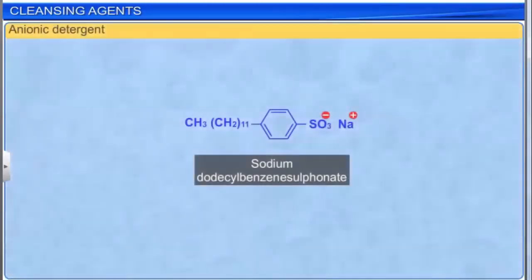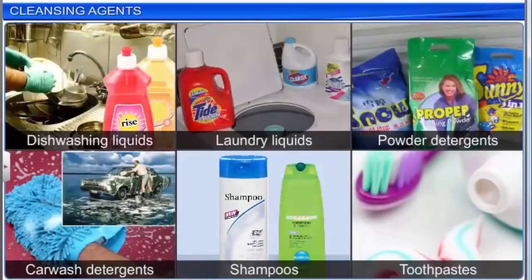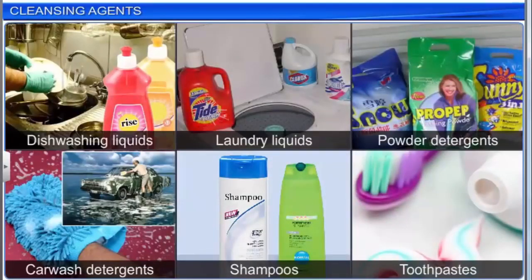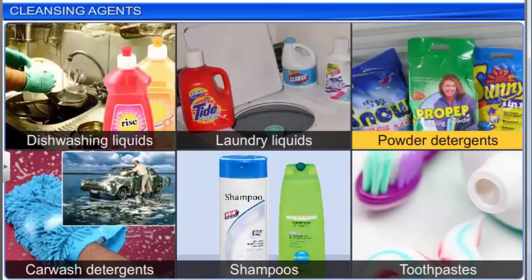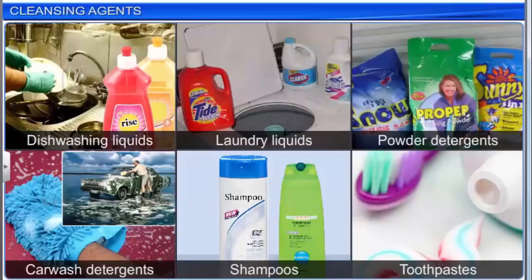In an anionic synthetic detergent, the anionic part of the molecule does the cleansing action. Anionic detergents are used extensively as dishwashing liquids, laundry liquids, and powder detergents, car wash detergents, and shampoos, as well as in toothpastes.